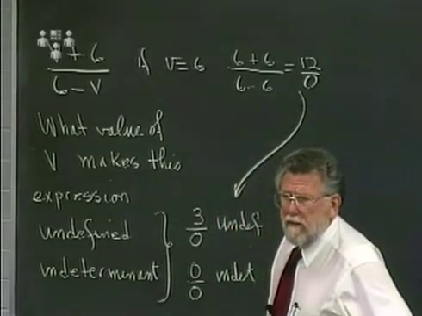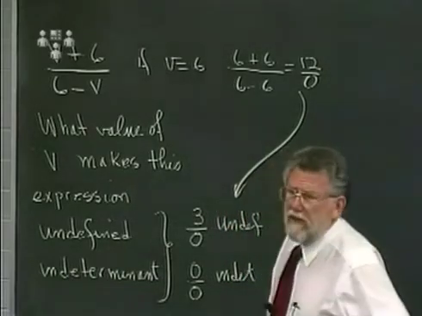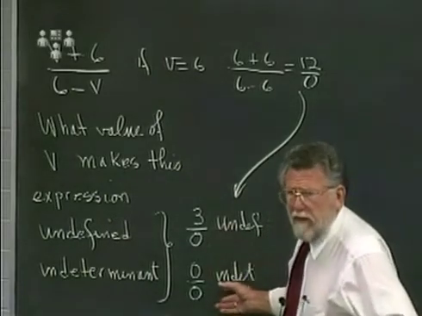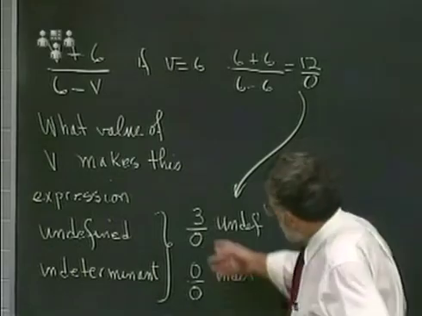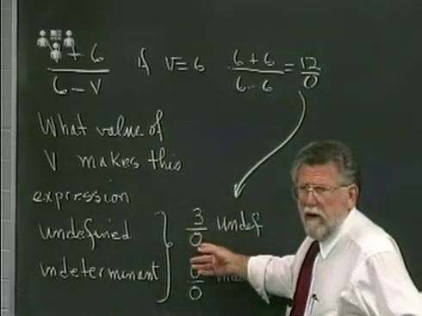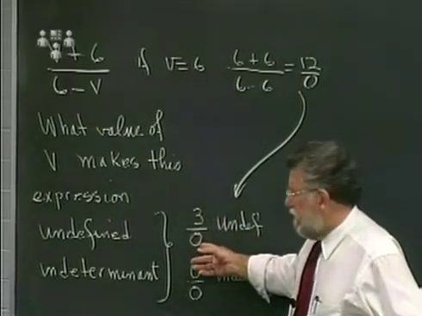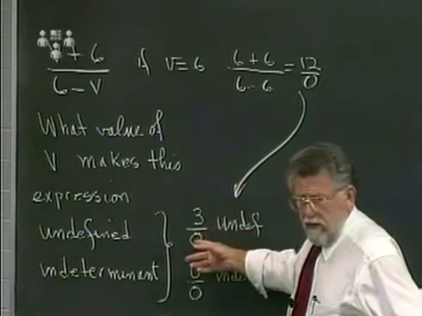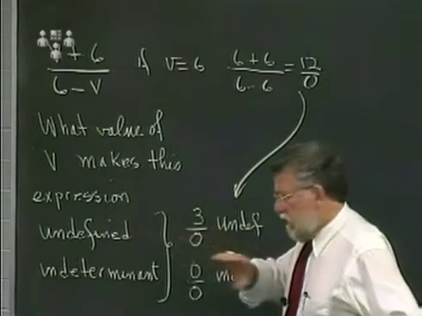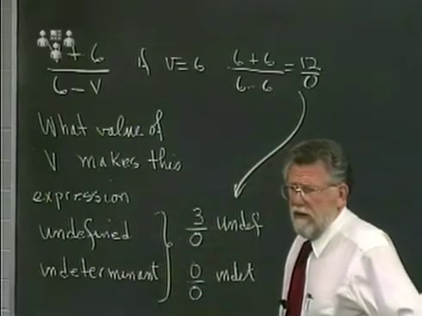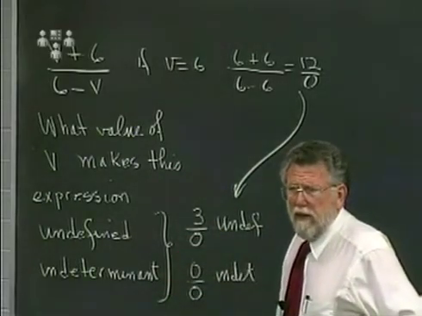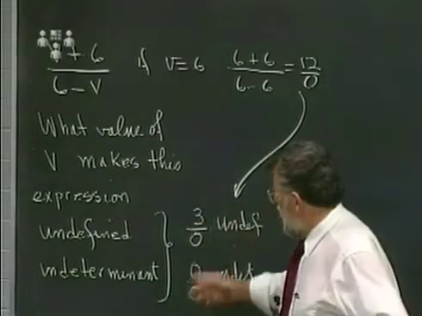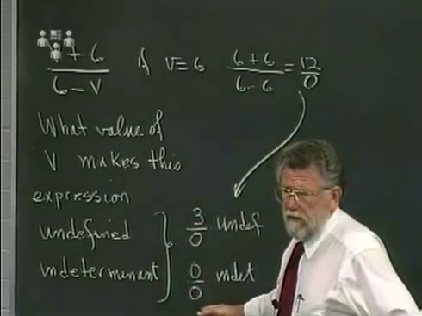They are taboo. We cannot divide by 0. But there are two different problems involved with dividing by 0. The first one, to have 3 over 0, we just say is undefined. If you think of your answer, it must multiply times 0 to give 3. There is nothing in the numbers that you can multiply by 0 and get 3. So that's undefined. Indeterminate is where you have 0 over 0.